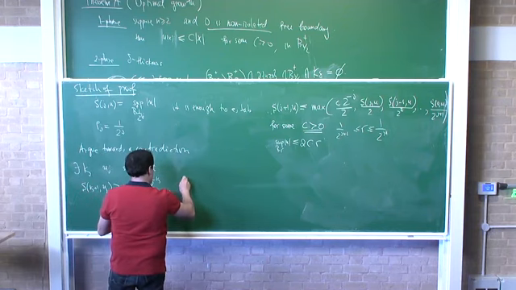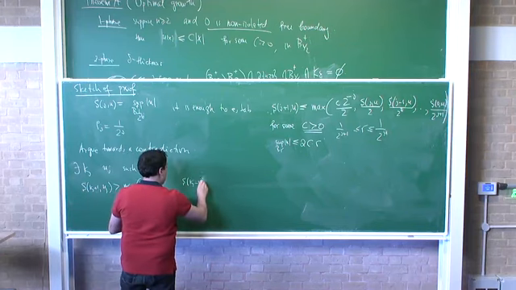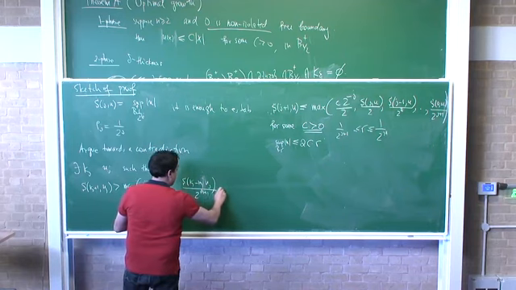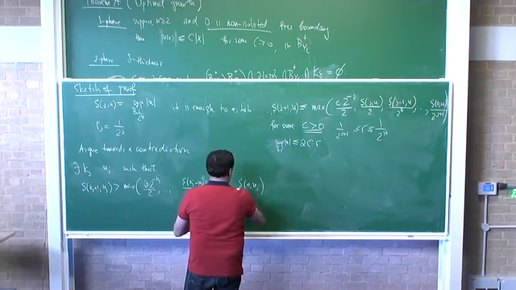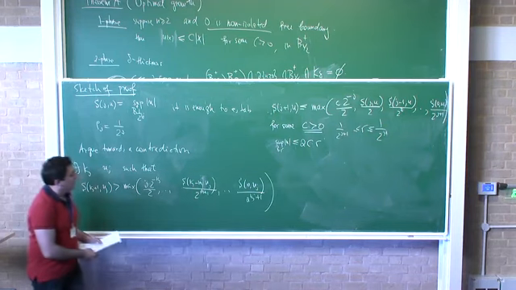And then you're going to get S_{k_j-n}(u_j) to the power n plus 1, etc. Then S_0(u_j) to the power k_j plus 1.